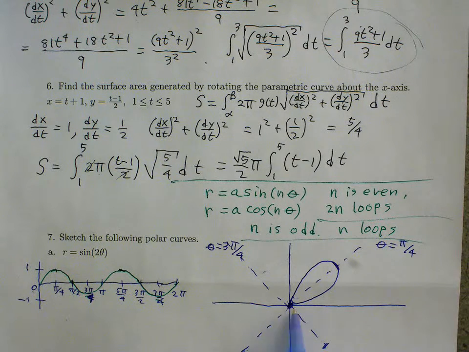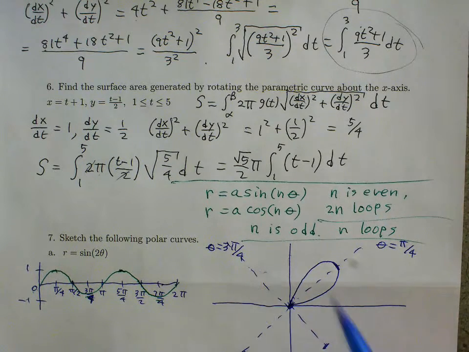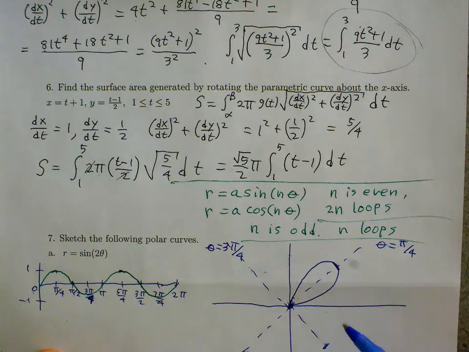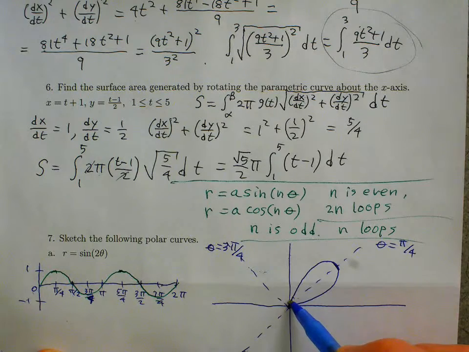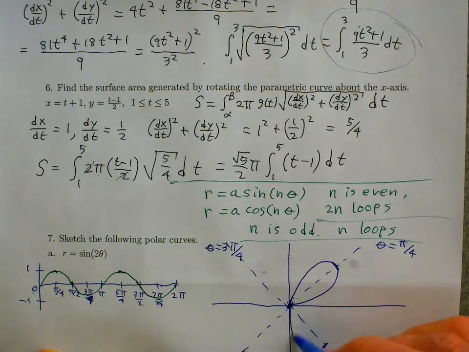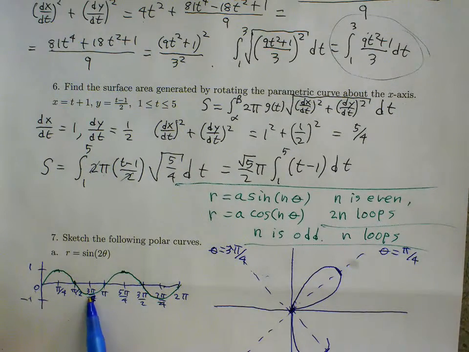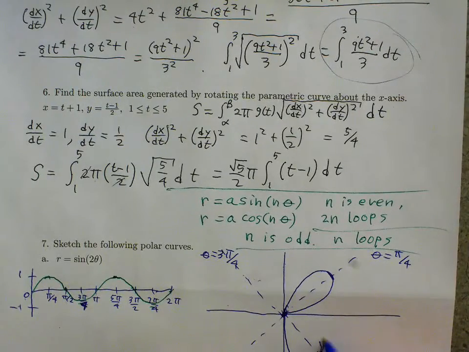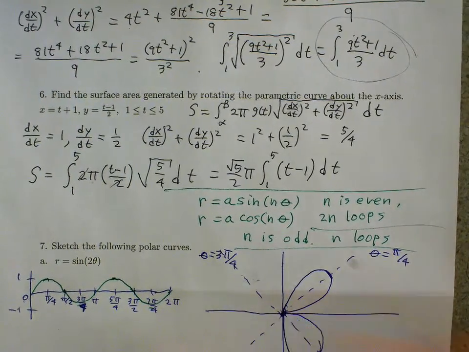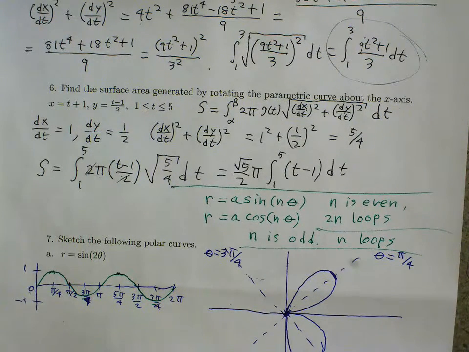So between pi over 2 and 3 pi over 4, yeah, it's going to be down here. And then from 3 pi over 4 to pi, we go back to 0 to complete the loop. So those loops are supposed to be the same shape and size, but mine aren't, but they're supposed to be.